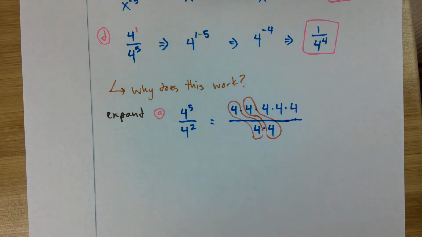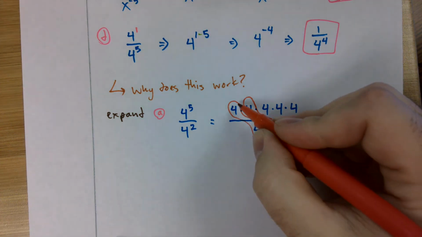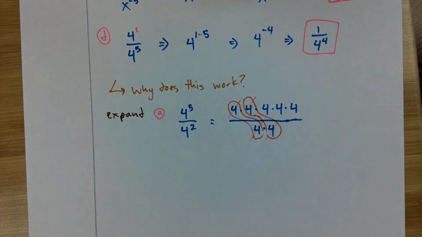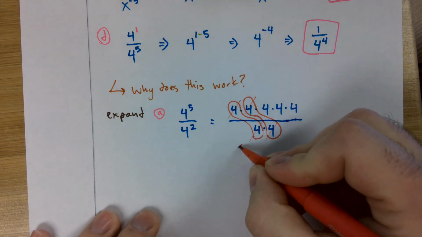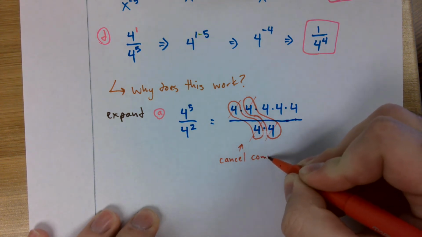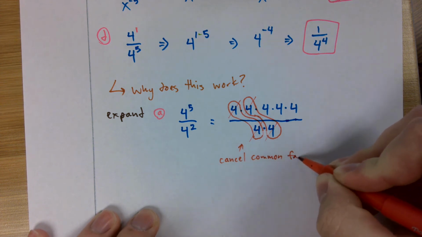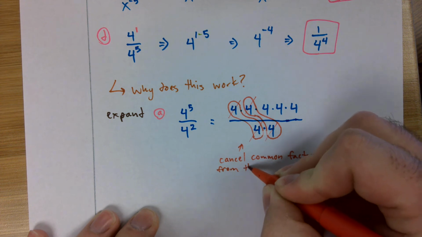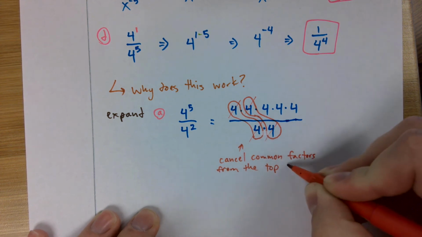And all 4 of those 4s are going to cancel out. Boom, boom, boom, boom. So we're going to cancel common factors from the top and the bottom.